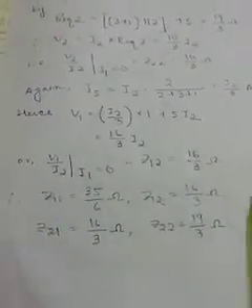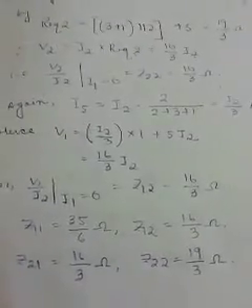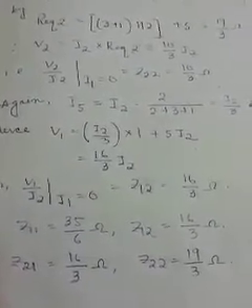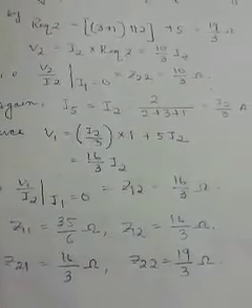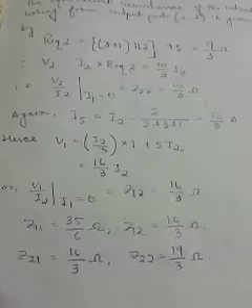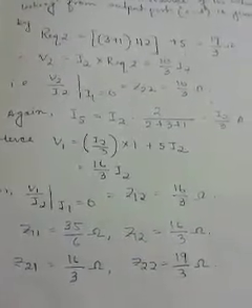So this is the method of calculation of Z parameters. Up to this you can understand the method of finding Z parameters for any given section of a network, and the method remains the same. One of the terminals should be kept open, that is one thing you should remember.